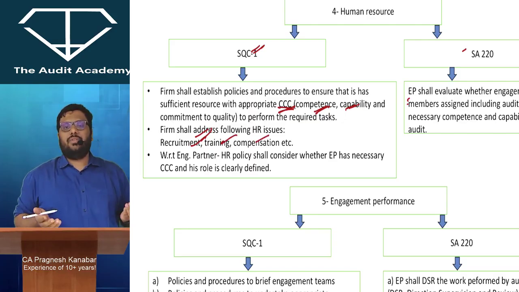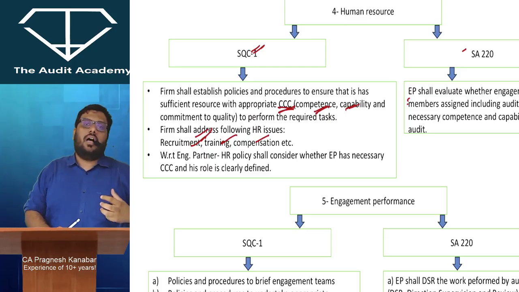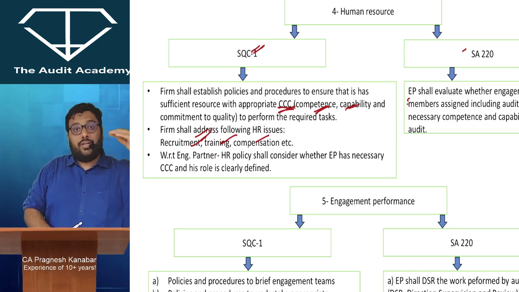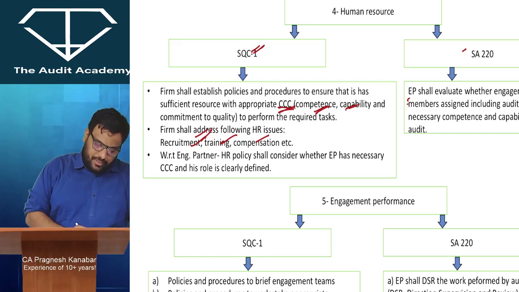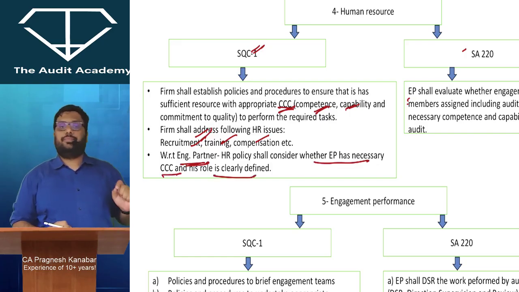These are HR issues. In very big firms, like the Big Fours, deciding who will be the engagement partner and giving the role to the engagement partner is also done by the head of HR. So with respect to the engagement partner, HR policy shall consider whether the engagement partner has the necessary CCC and his role is clearly defined.